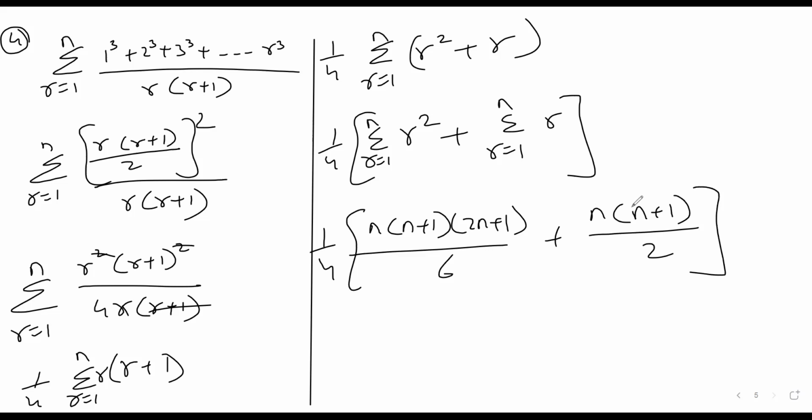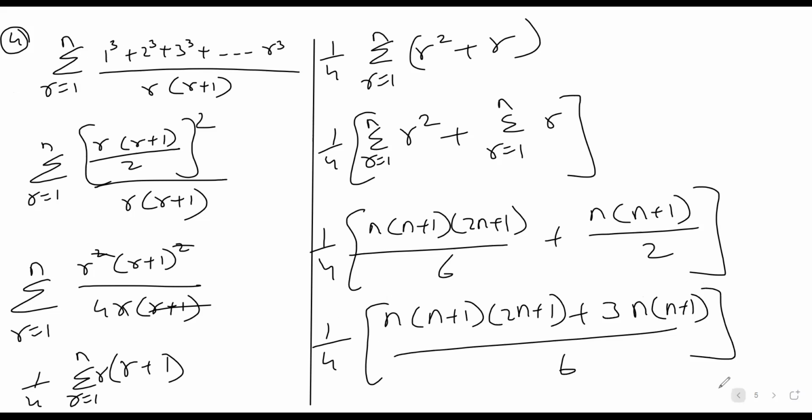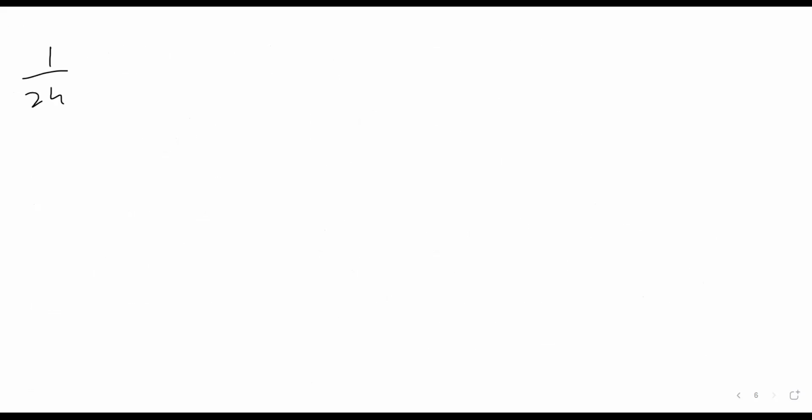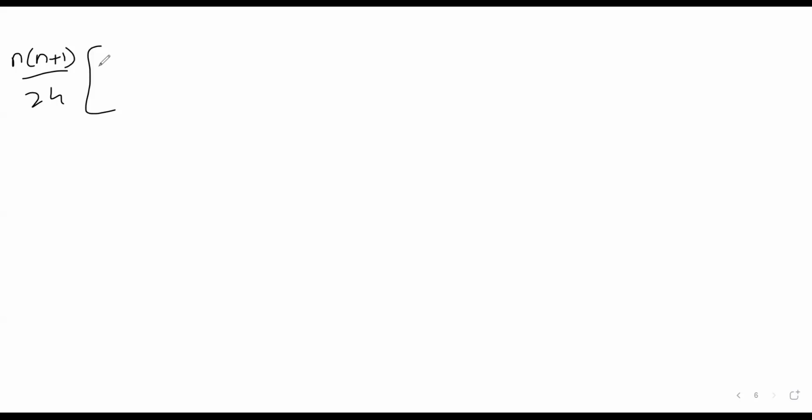by 2. We'll multiply here by 3 so the denominator is common. So here it is 1 by 4 n plus 1, 2n plus 1 plus 3n plus 1 whole thing by 6. 6 will come and multiply. It will become 1 upon 24. And we can take n plus 1 also common. So here 2n plus 1 plus 3.